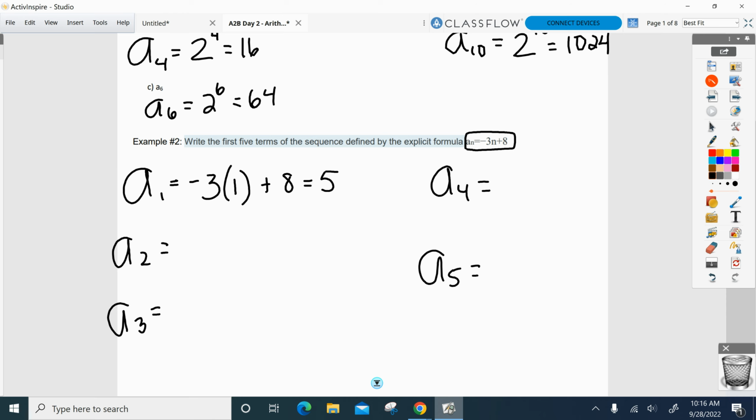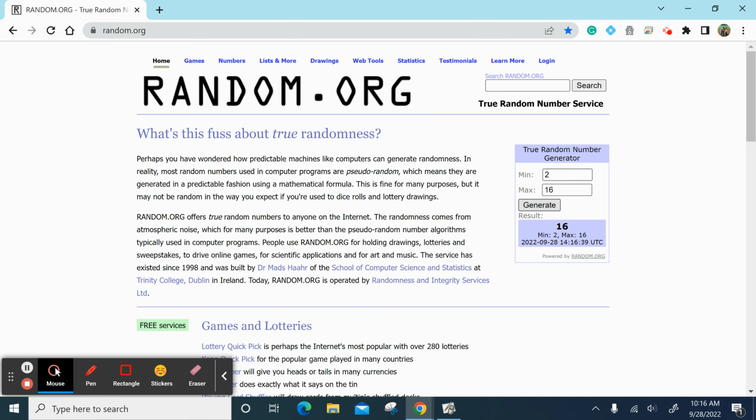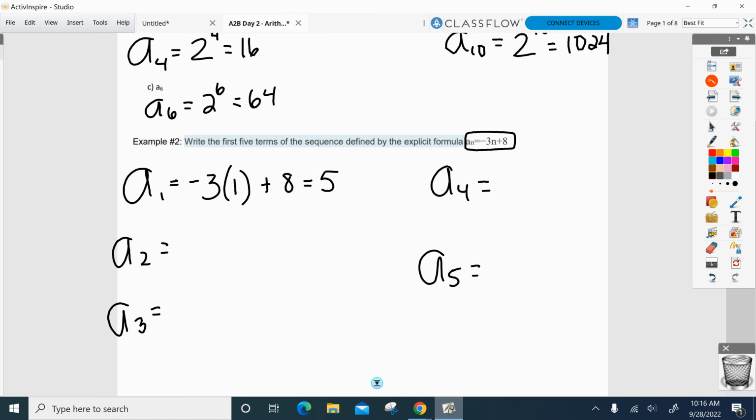Okay, what do we end up getting here? What's the next 4 terms in the sequence? Just give me all 4 terms. 2, negative 1, negative 4, negative 7.